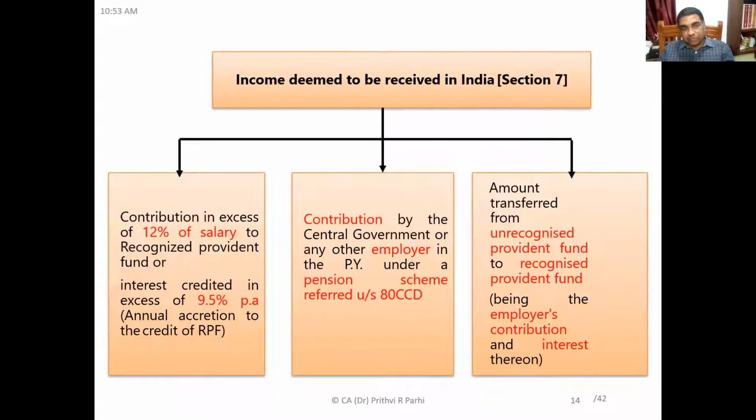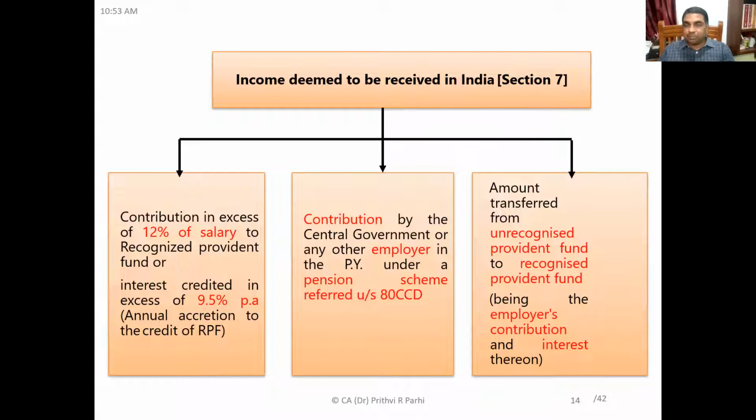So these kind of contributions which are made by the employer to the pension scheme will also be deemed to be received in India. Employer making contribution, but that will be treated as employee's income. Okay, contributions are made on behalf of the employee by the employer, but this will be treated as employee's income because this will be deemed to be received in India.